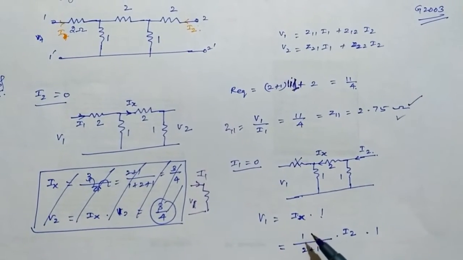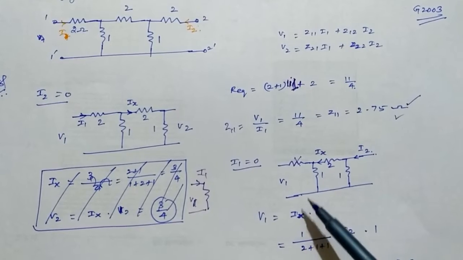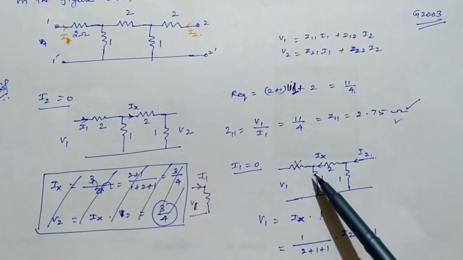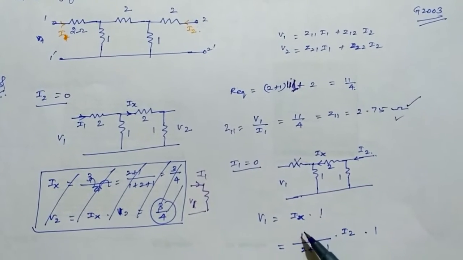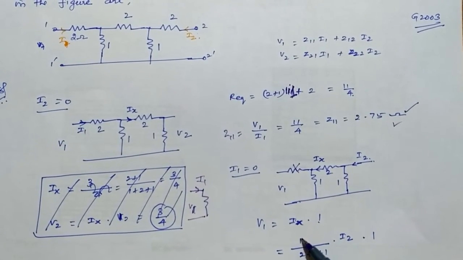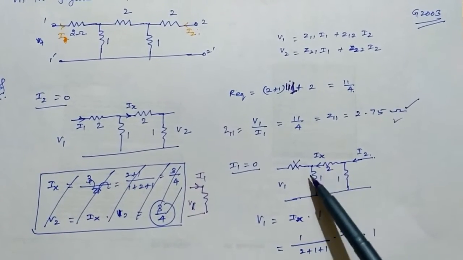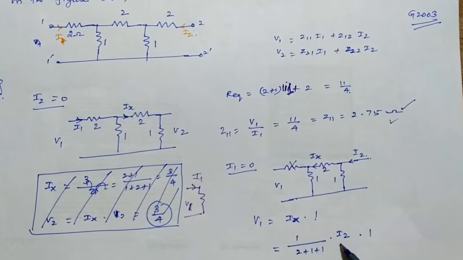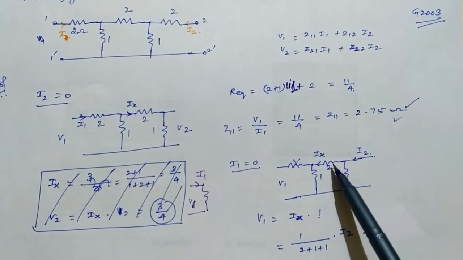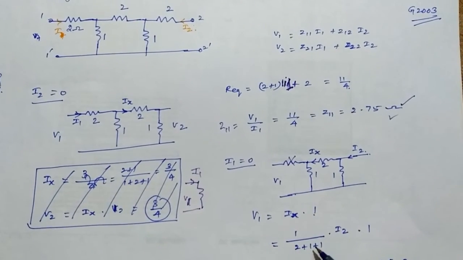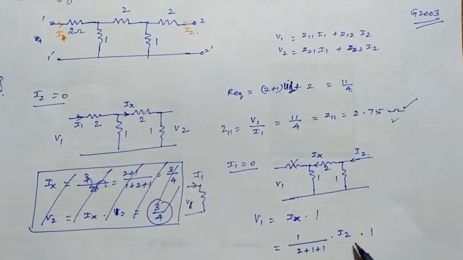Using the current division rule, the current flowing through this resistor is the opposite resistance divided by the total resistance, into the total current. The opposite resistance is 1 ohm, the total resistance is 4, and the total current is I2.